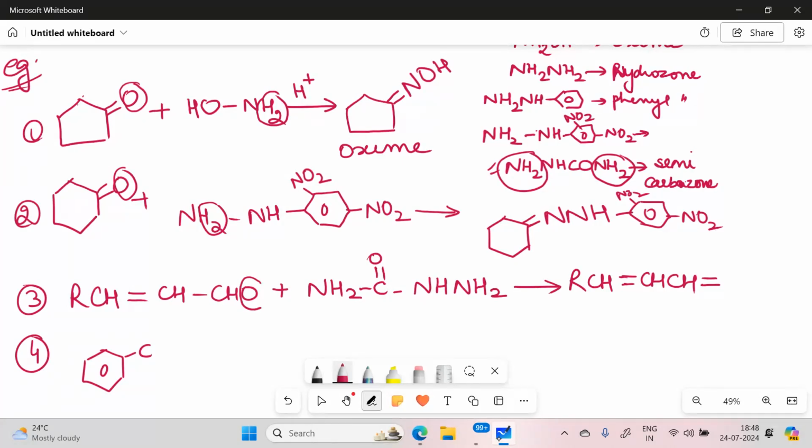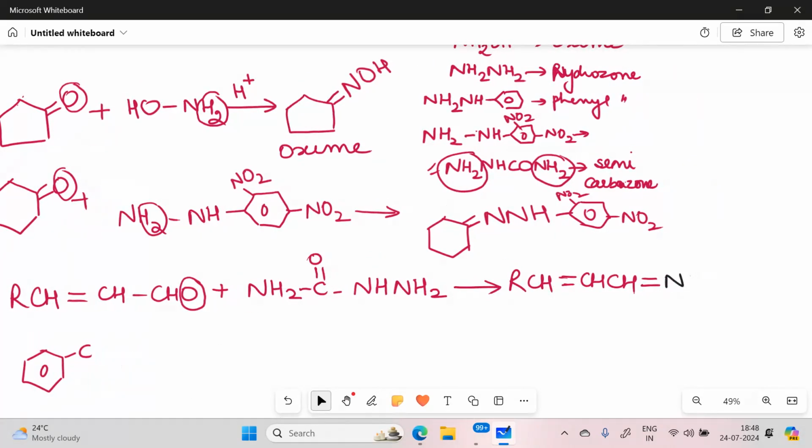Here you have removed oxygen. From where will you remove H2? You have to remove H2. NH2 double bond C double bond O, and then NH and N.